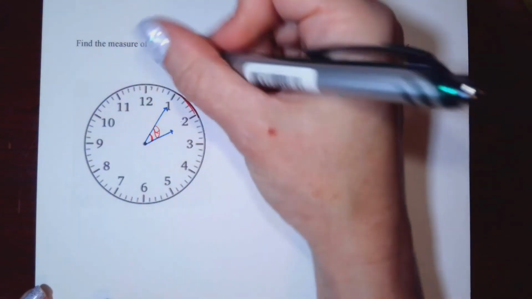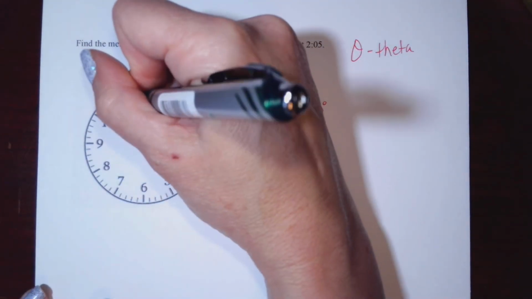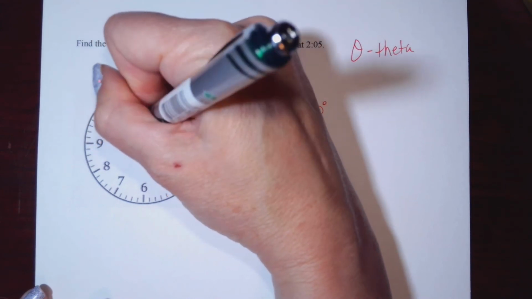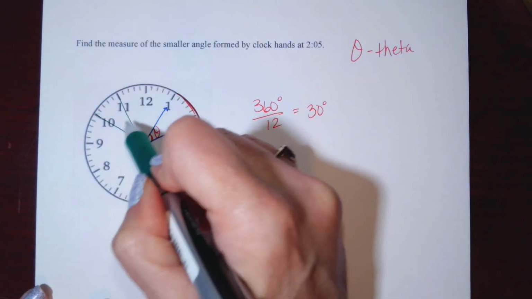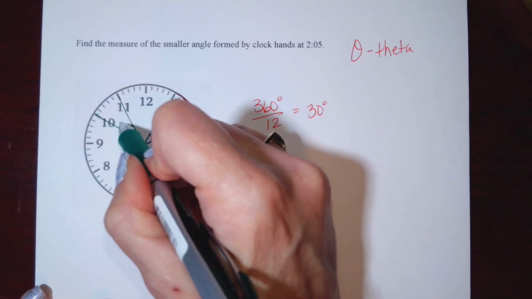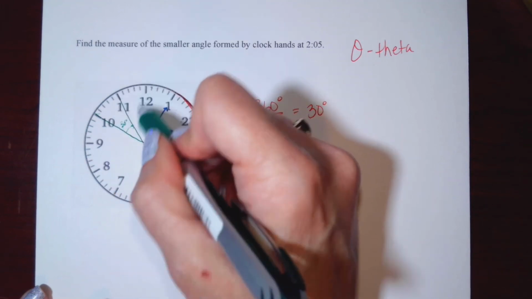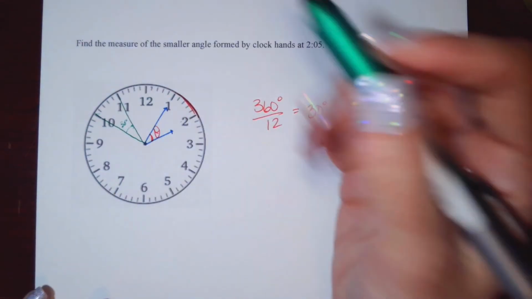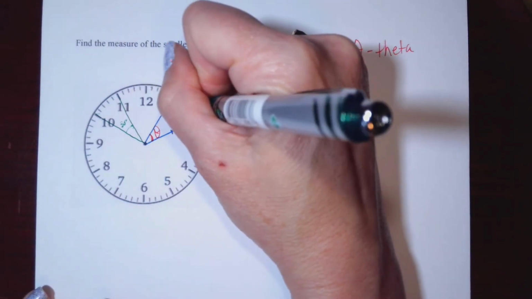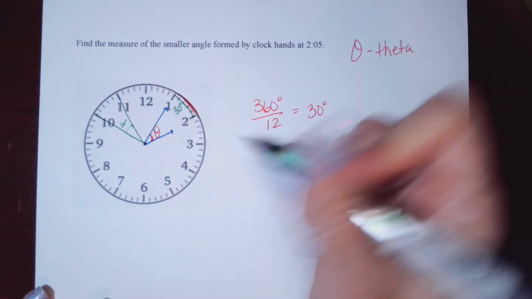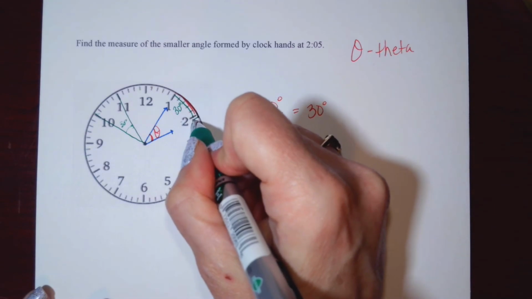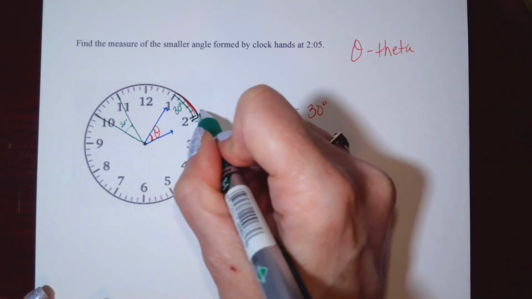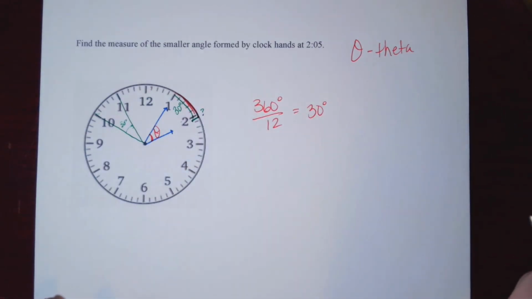So when the hand moves from 10 to 11, that is 30 degrees. From 11 to 12 is 30 degrees. So I know that from 1 to 2 is 30 degrees, but I've gone a little bit past the 2. So I've got to figure out what is that little piece that I have gone past 2 o'clock.